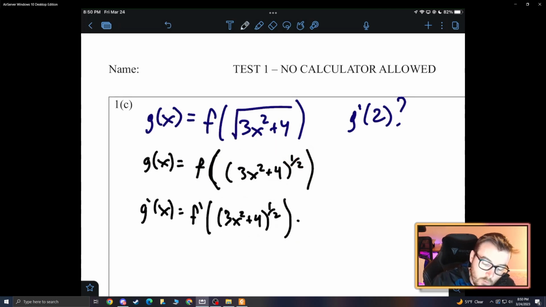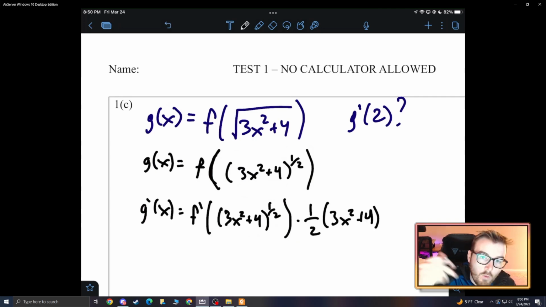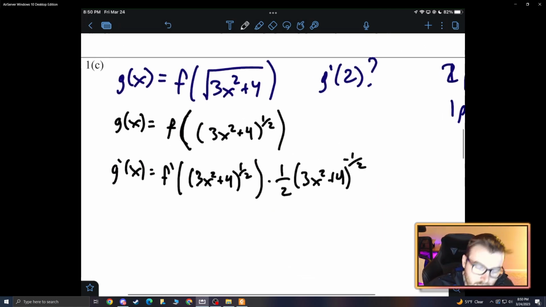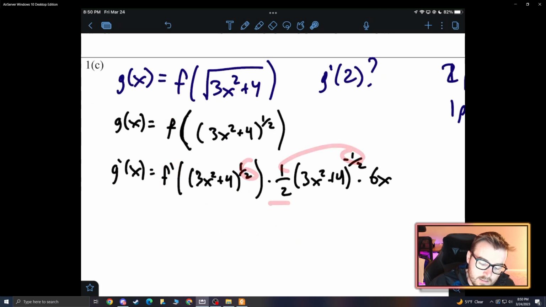So that 1/2 is going to come down, leave the inside alone, and that 1/2 power has just been changed to negative 1/2. And then finally multiply by the derivative of the inside of that, and that's 6x. So the derivative of f came first, left everything alone. The derivative of the power rule came next, left the inside alone, and finally the derivative of the inside. So double chain rule, not once, but twice.